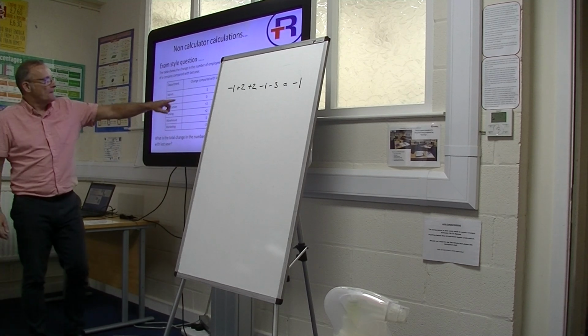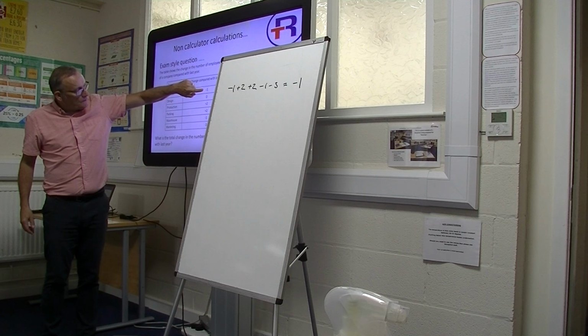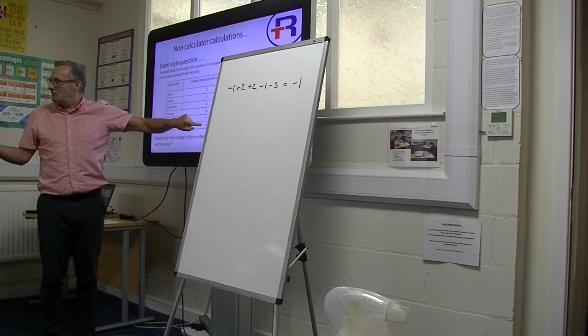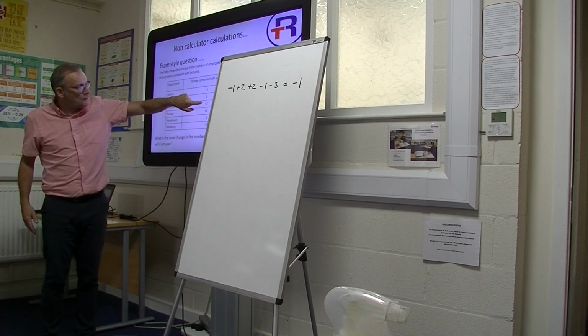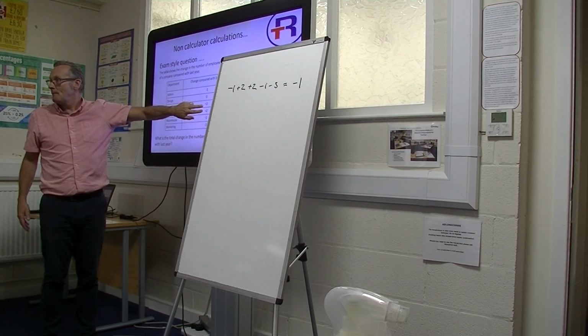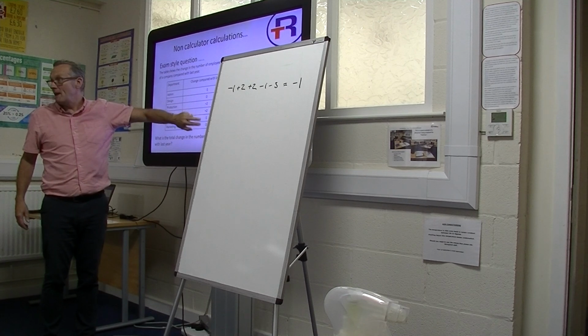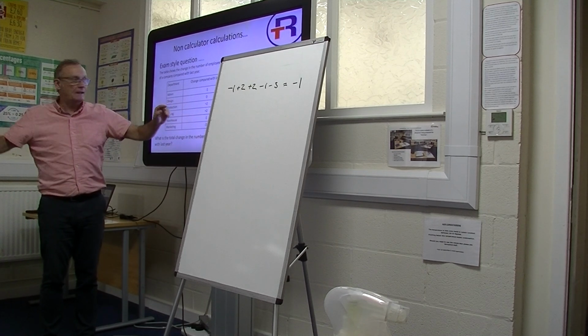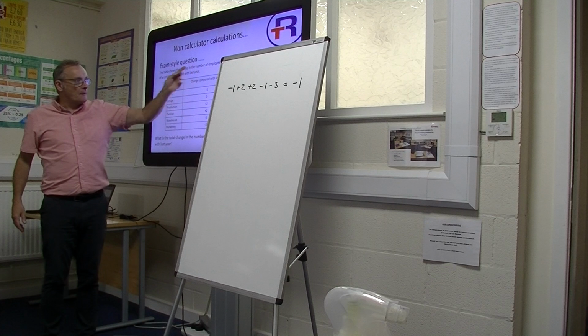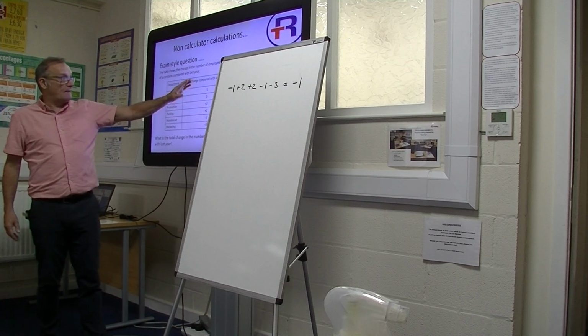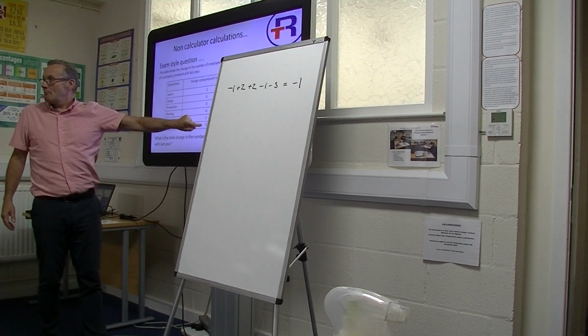Well spotted. Look at your negatives, 1, 1 and 3, add up to -5, and your 2 positive numbers add up to 4. -5 plus 4 is -1, yeah? Or 4 -5 is -1. So yes, you can do it that way as well. But obviously the easiest way is just write that as a sum.